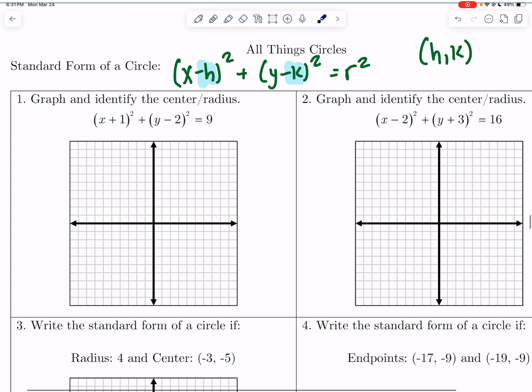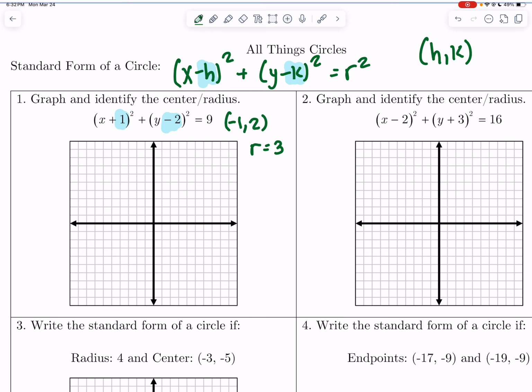So looking at number 1 here, I know that I have a center at (-1, 2). So it's just going to be the opposite of whatever my h and k values are. Now, my number here, remember that represents r squared. So I need to take the square root to get to my radius, or in this case, 3.